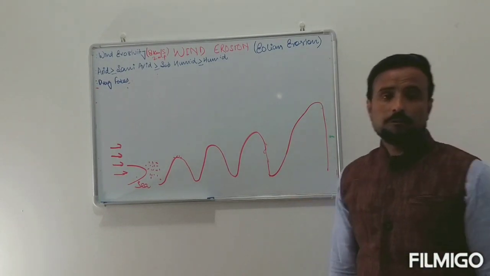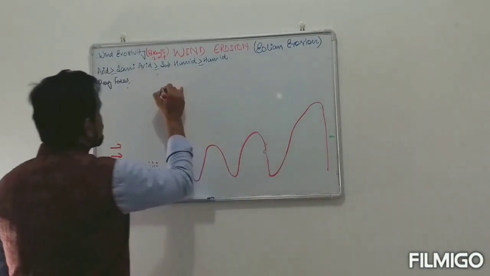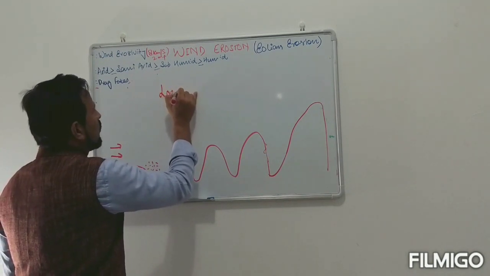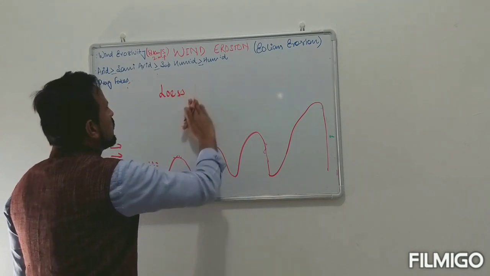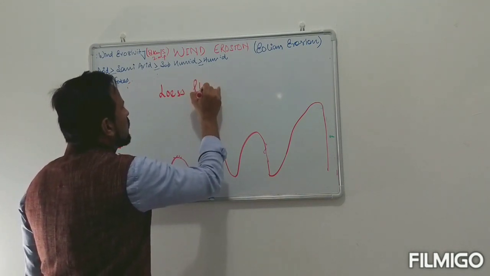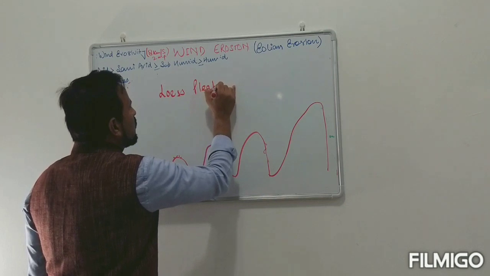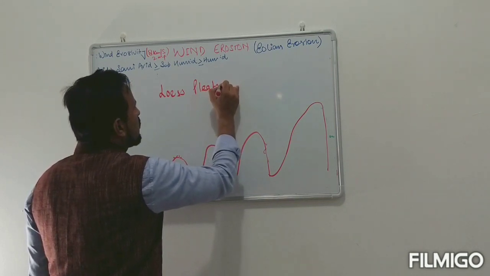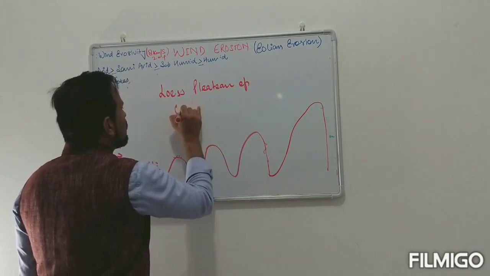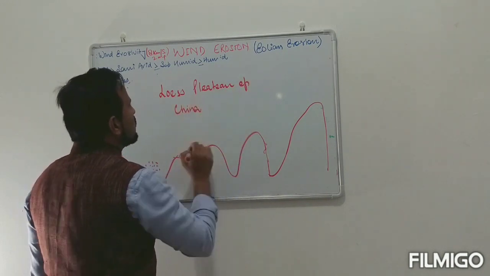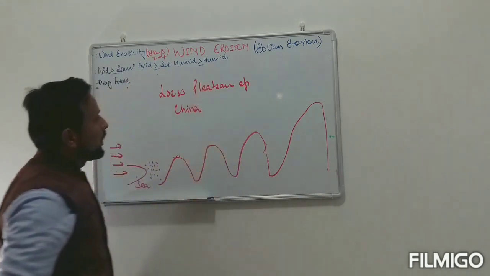The best example of a sand dune is this one, the Loess Plateau of China.